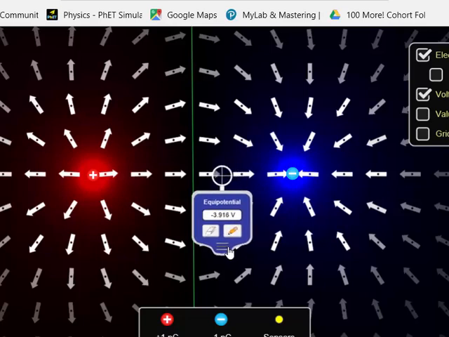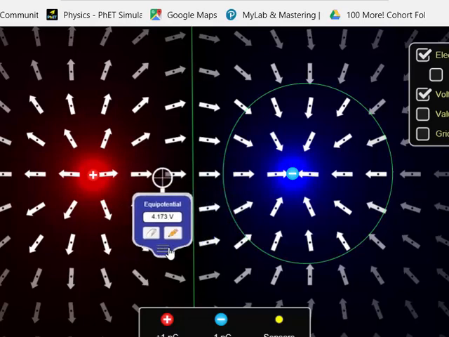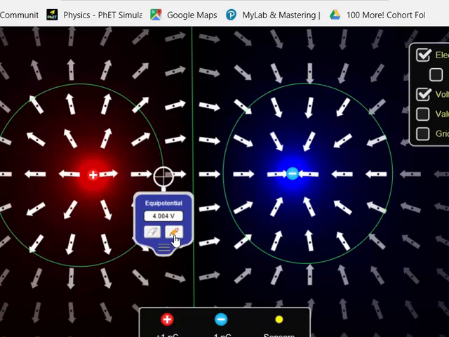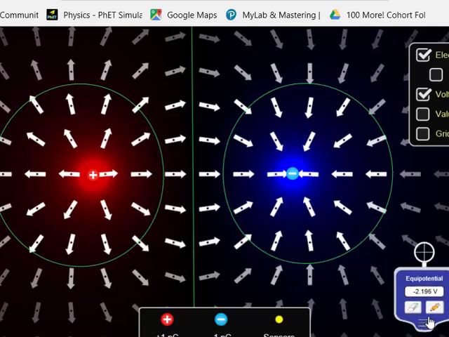And then I'm going to click the pencil again. So that's the equipotential at negative 4 volts. Let me go over here and find the equivalent for positive. You'll notice we could have done that whole lab effectively with this simulation. So there again was the negative 4 volt equipotential, 0 volts, and positive 4 volts.